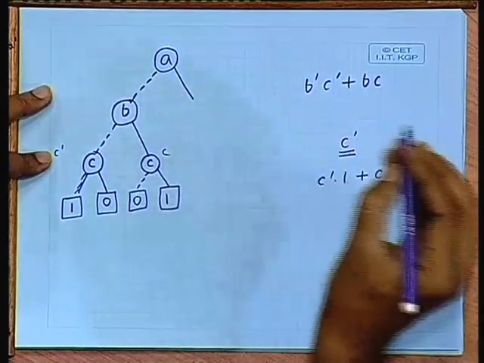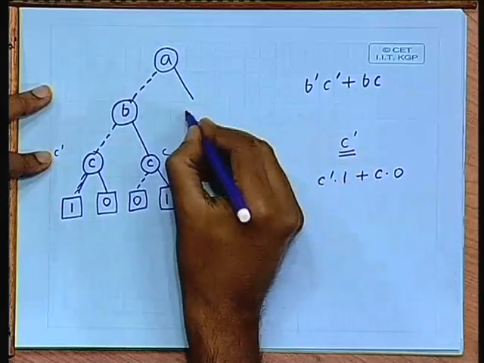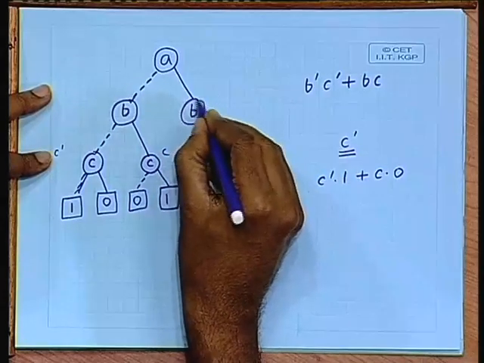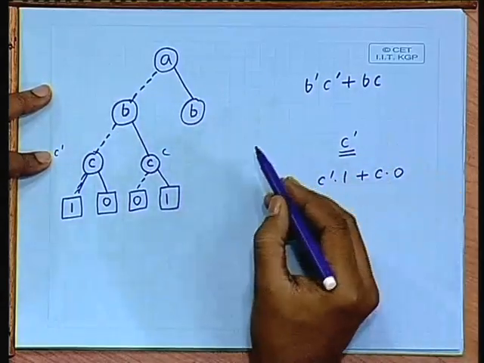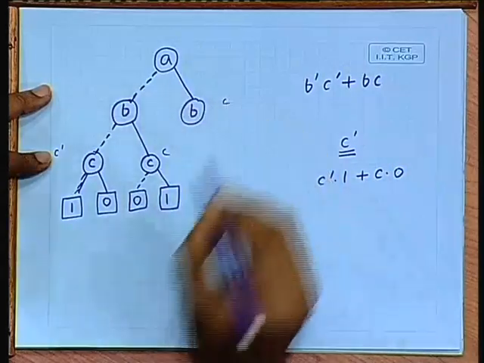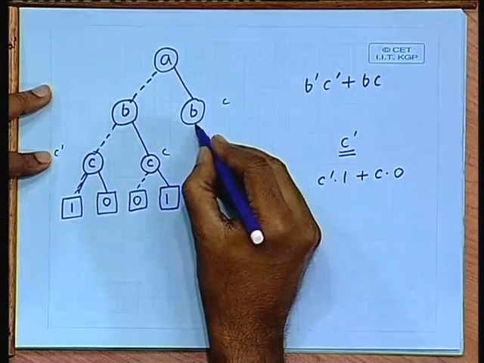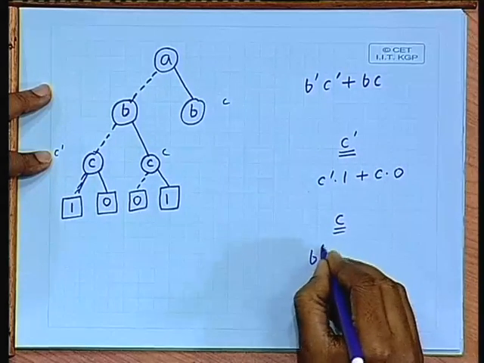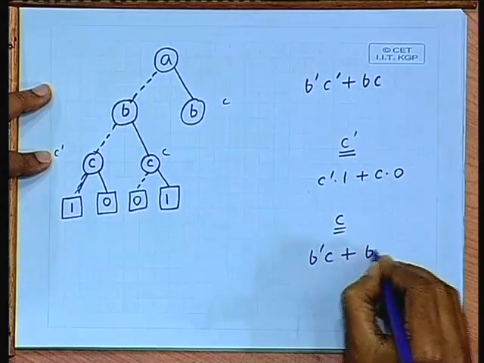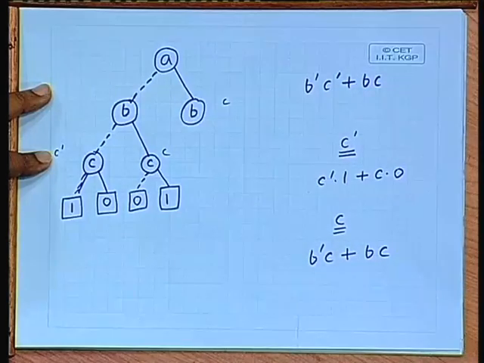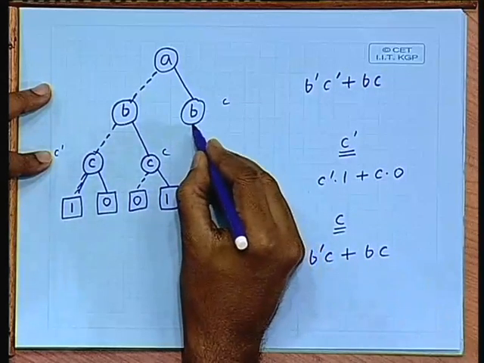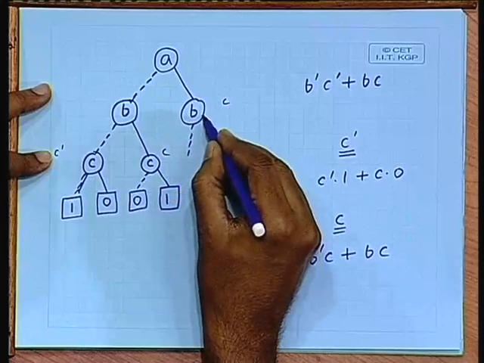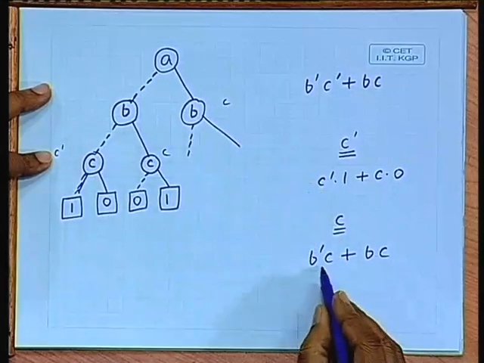And here similarly, this side was only c. So c can be written as both sides.